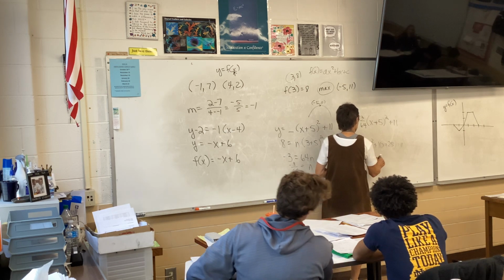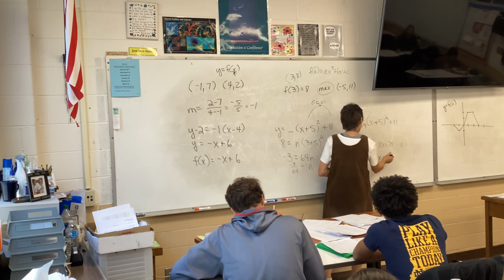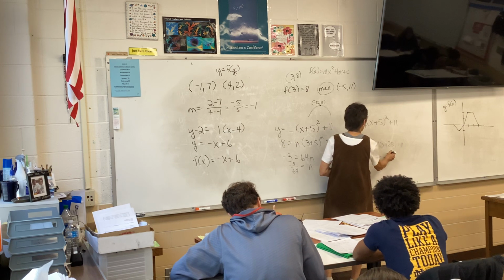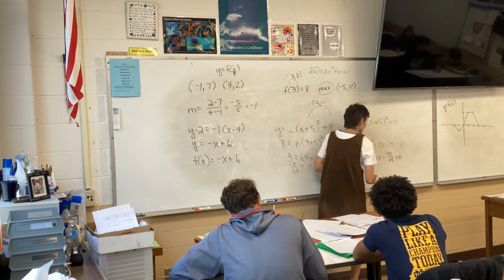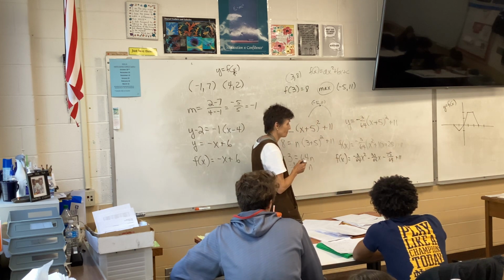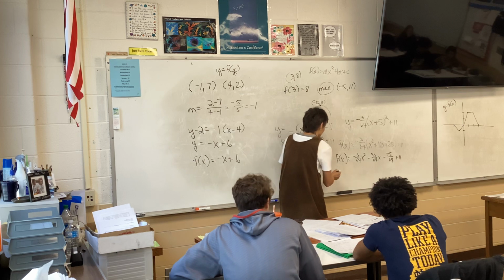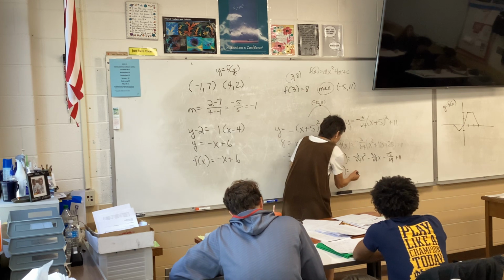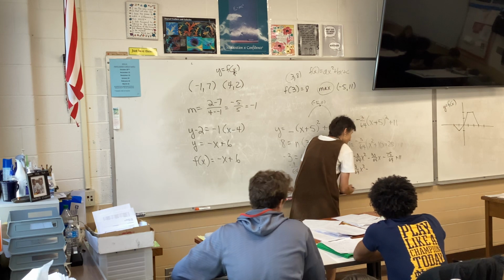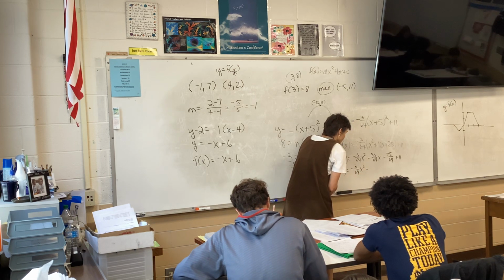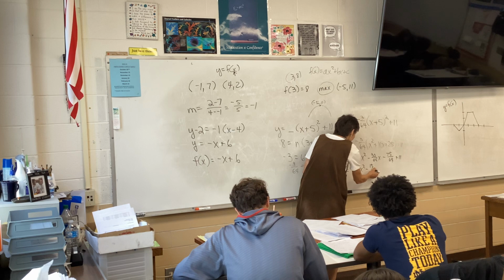I know that reduces, I'll catch it in a minute. Minus 75/64 plus 11. Negative 3/64 x squared minus, I'm going to reduce that, 15/32 x.